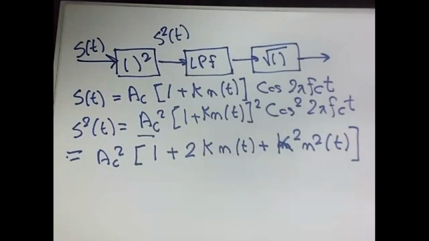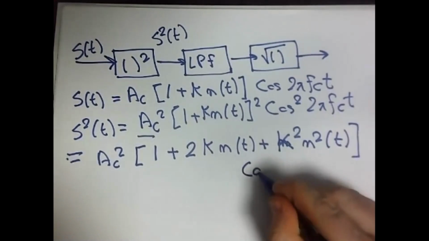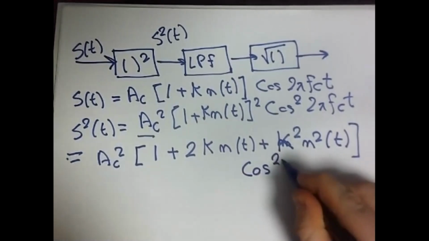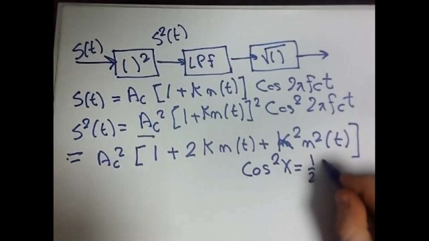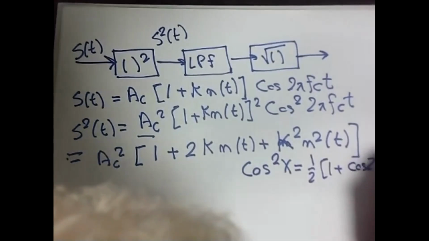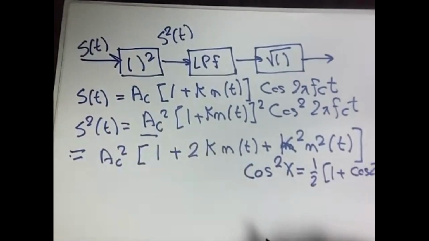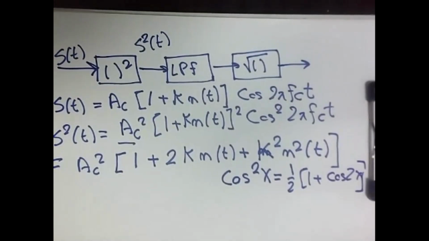If you return to your mathematics classes, you will know that cosine square x is equal to half of 1 plus cosine 2x. One of the famous trigonometrical identities.